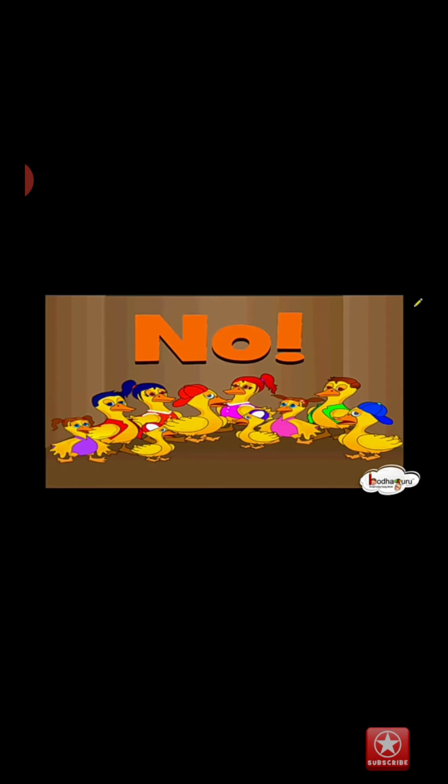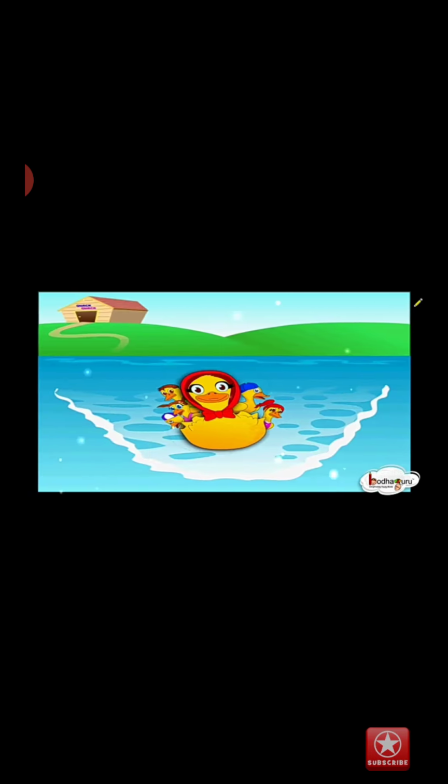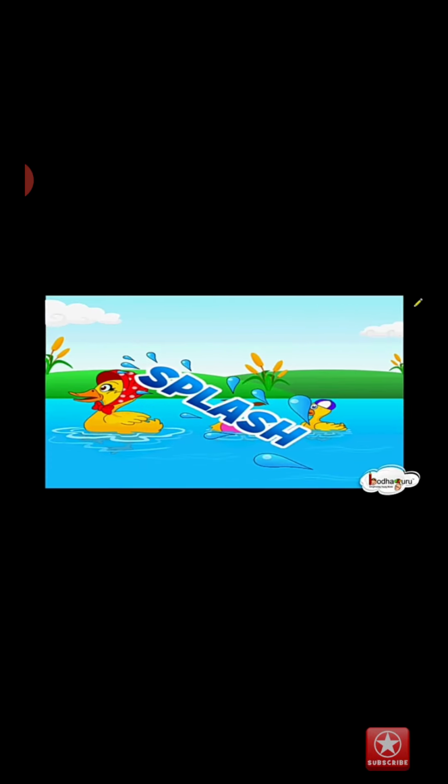But the mother duck insisted the ducklings go to school along with her, and the ducklings followed. On the way to the school, Mama duck heard a loud splashing sound.